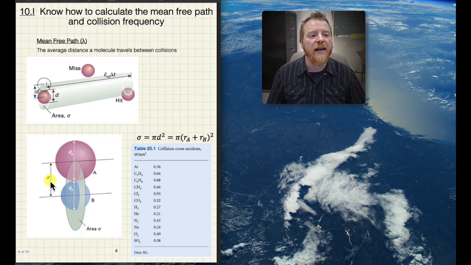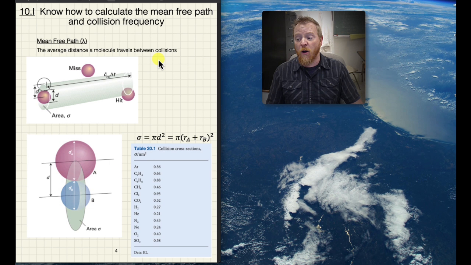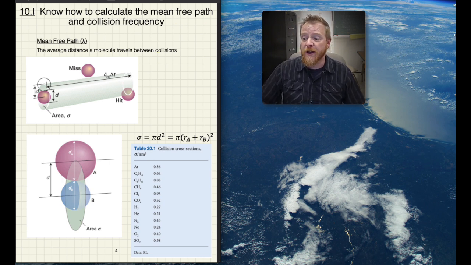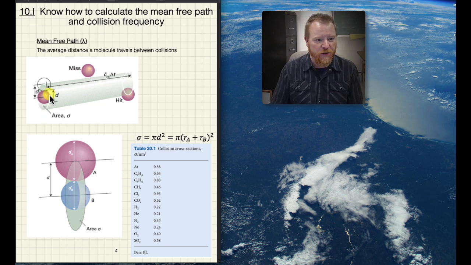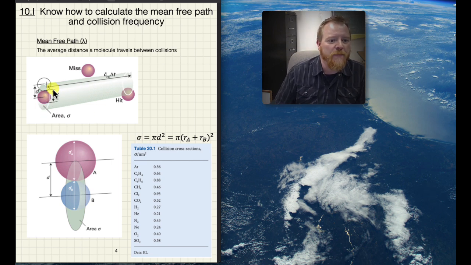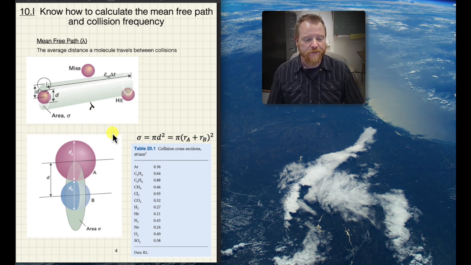Okay, so now setting up how we get the mean free path, which is defined as the average distance a molecule travels between collisions, we want to put a molecule in this cylinder right here, described by distance lambda, and at the end of this cylinder is some molecule.